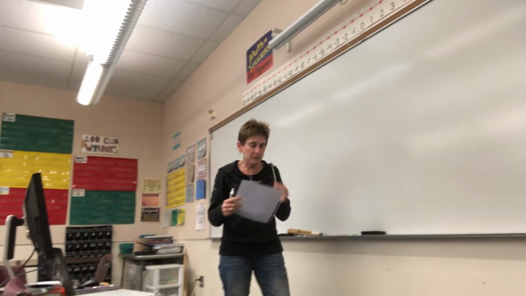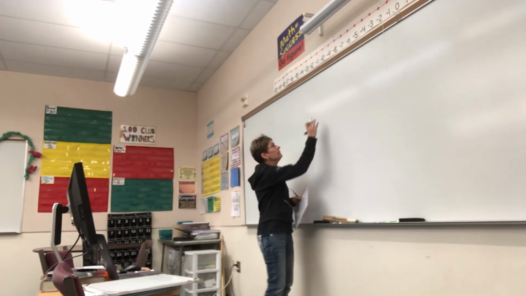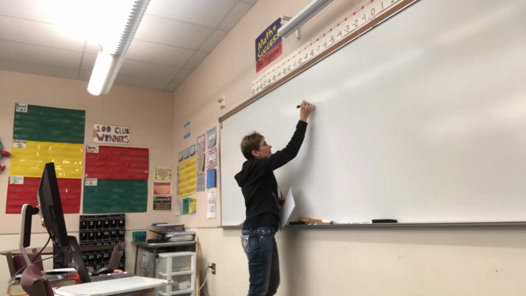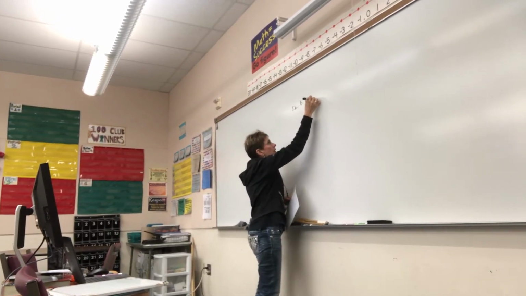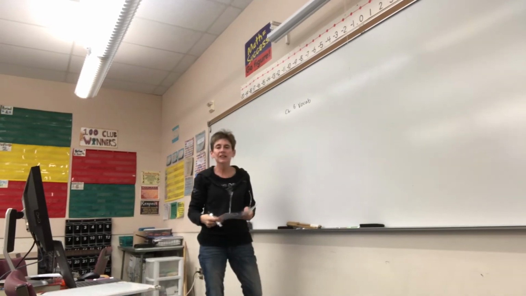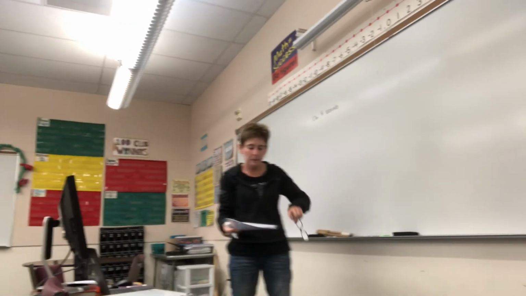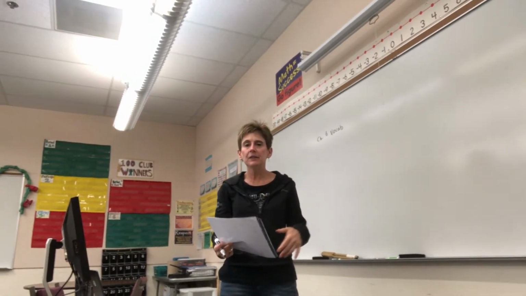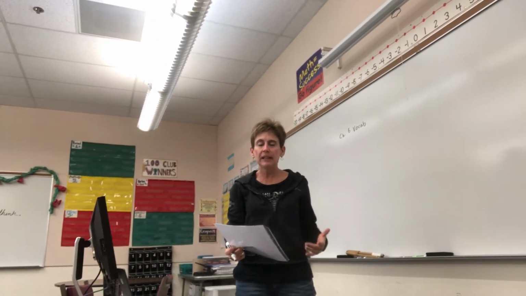So what you should probably put at the top of your notes is chapter 6 vocab. Chapter 6 vocabulary. All right. So normally, if this were in person, I would give you some pre-printed notes with some fill in the blanks and all that.